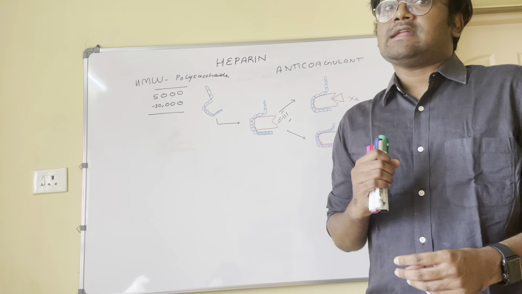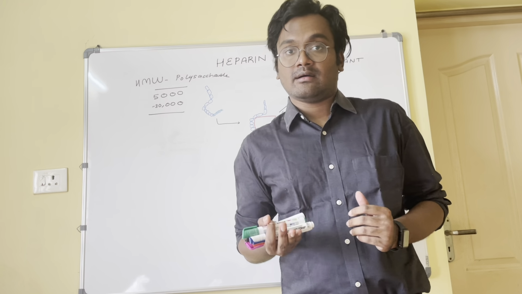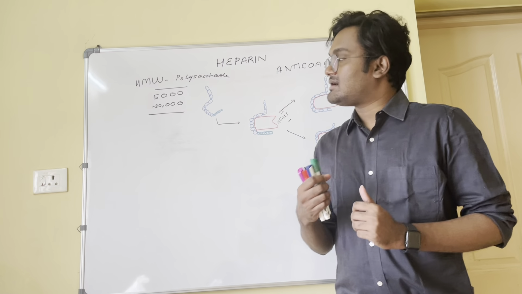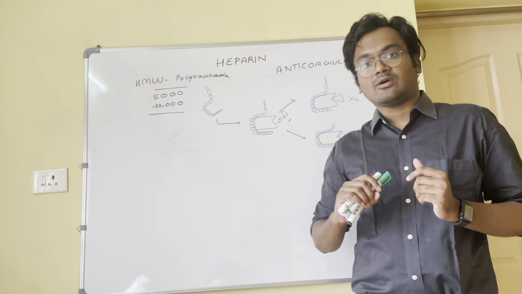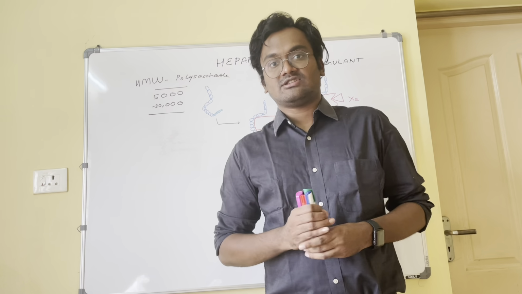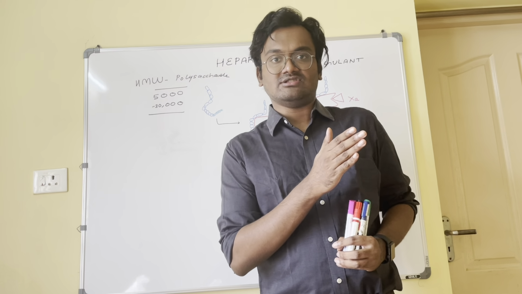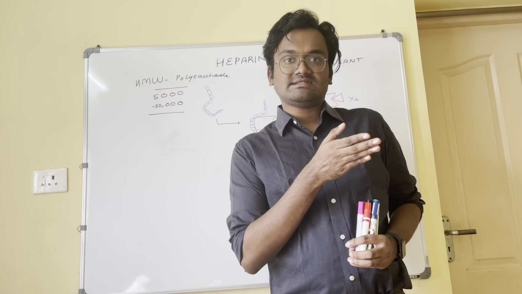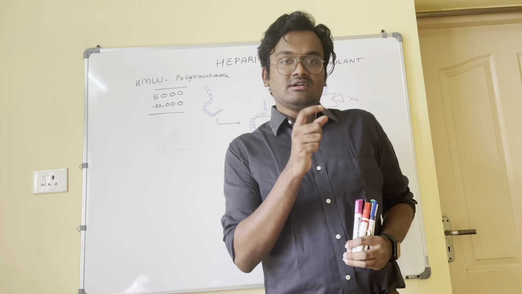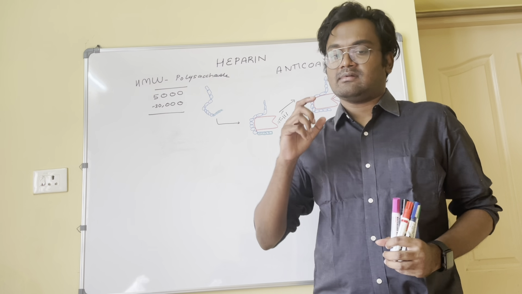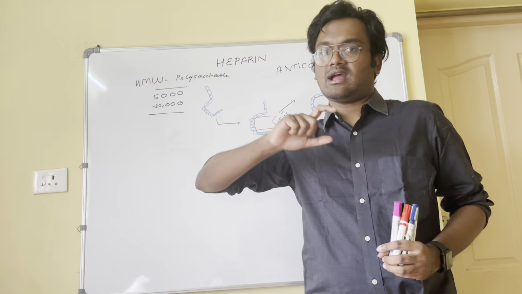To understand the mechanism by which heparin acts, there should be a clear understanding of the coagulation cascade. The coagulation cascade starts when the blood vessel gets injured. When the blood vessel gets injured, there should be a clot, right? So it starts from vasoconstriction until the clot is formed.